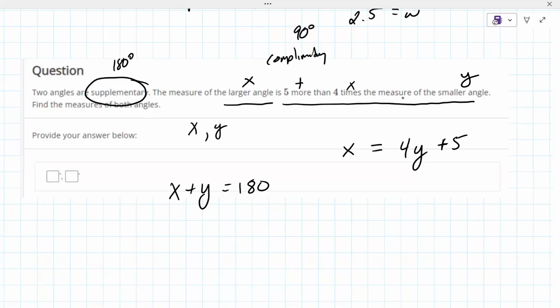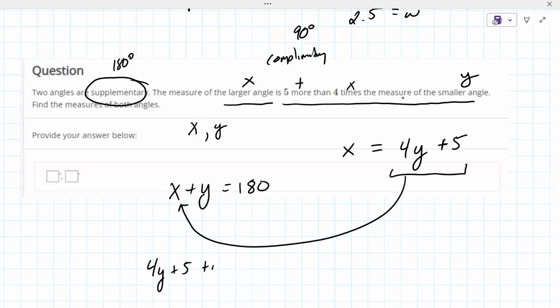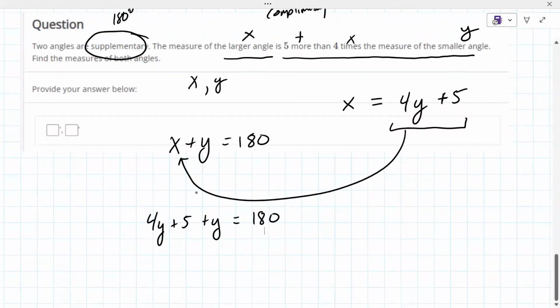All right, so now we're going to take this 4y plus 5 and we're going to put it in for x. 4y plus 5 plus y equals 180. How would you solve this for y? What should we do first?